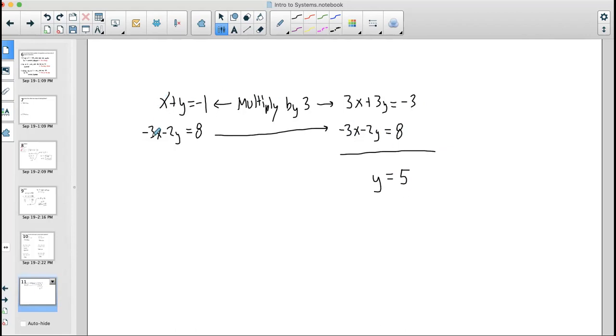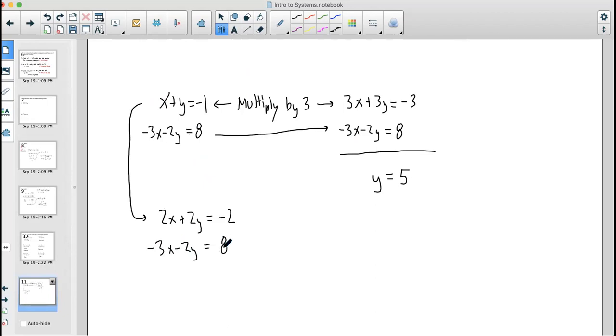The trick is to figure out what to multiply one of the equations by to get an opposite coefficient. I could have just as easily multiplied this equation by 2. If I did that, I would get 2x plus 2y is negative 2, and negative 3x minus 2y is 8.